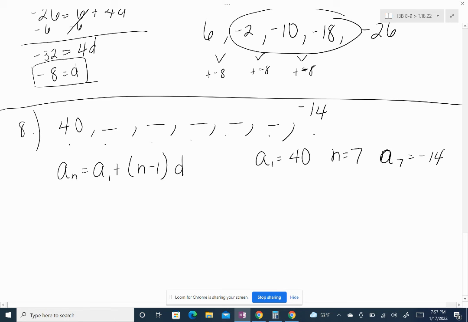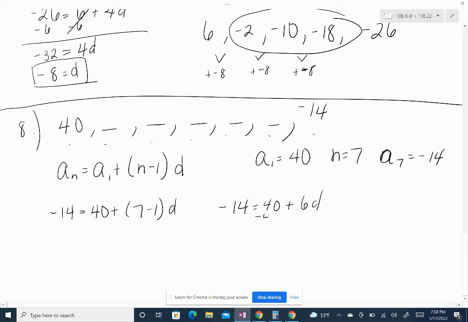Okay, so I'm going to put this in the formula. So I have negative 14 is equal to 40 plus 7 minus 1 times d. 7 minus 1 is 6, so negative 14 equals 40 plus 6d.